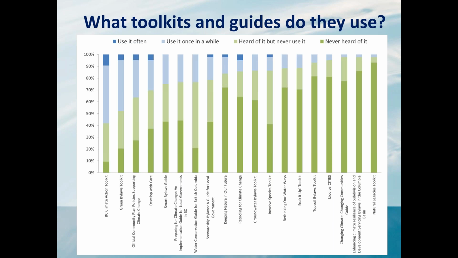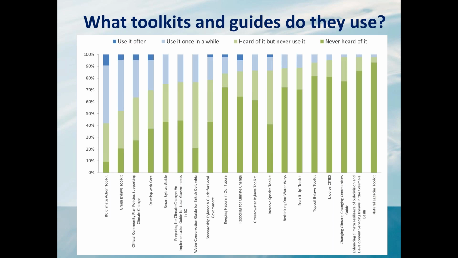The first question we asked was, what planning toolkits and guides do you use? We gave a list of some of the ones we thought would be the most popular, or the most heard of, or the most useful. We asked people, do you use it often, once in a while, heard of it but never use it, or never heard of it? The green bars are heard of it but never use it, or never heard of it.